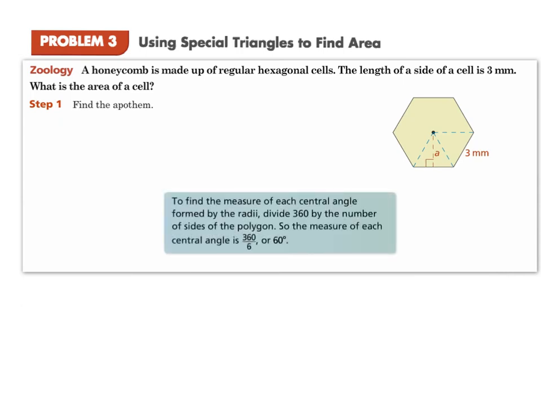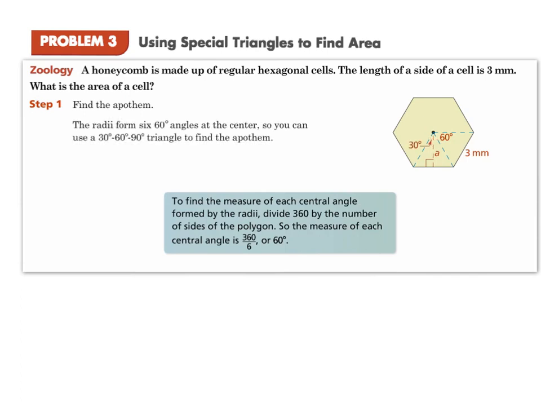To find the measure of each central angle formed by the radii, divide 360 by the number of sides of the polygon. So the measure of each central angle is 360 divided by 6, or 60 degrees. Also, the apothem bisects one of the central angles into two 30-degree angles.